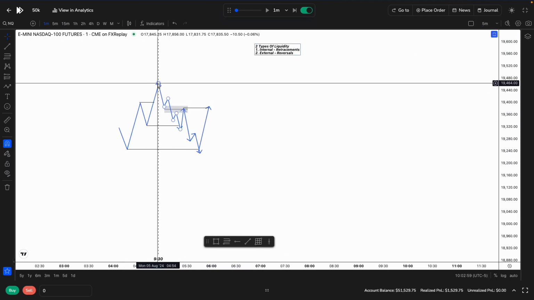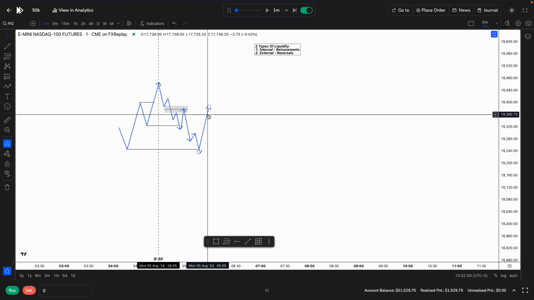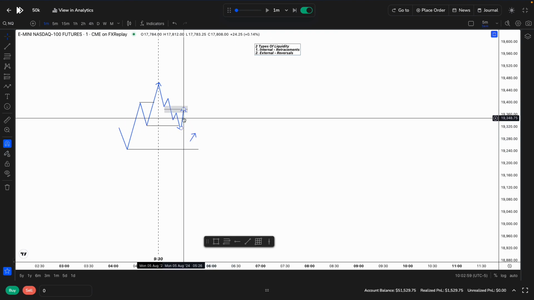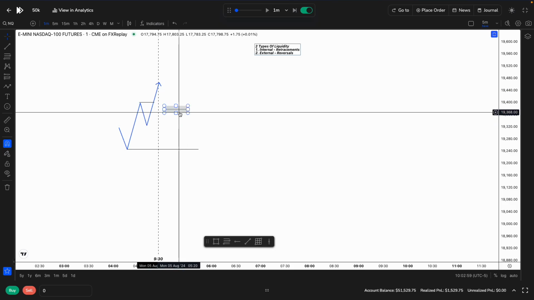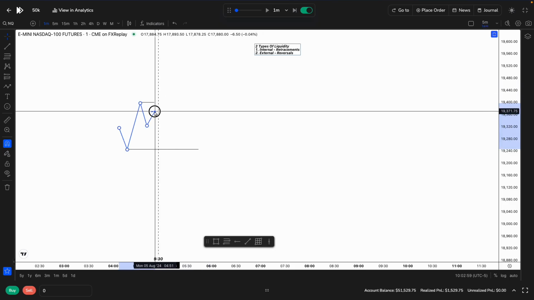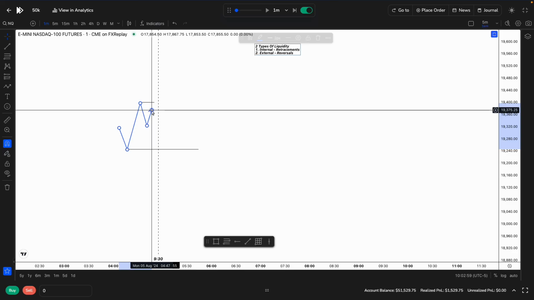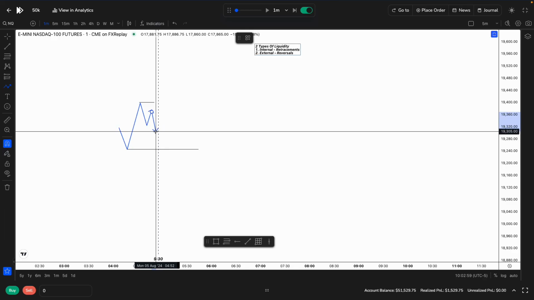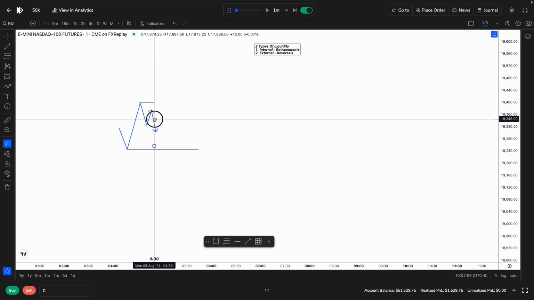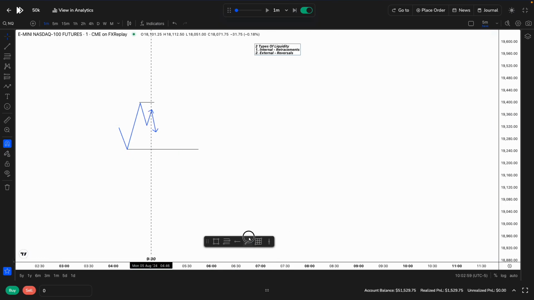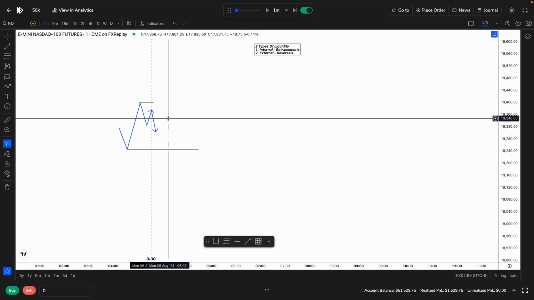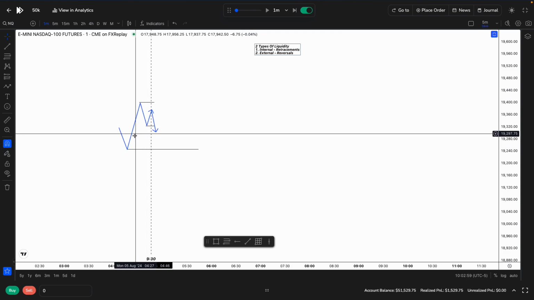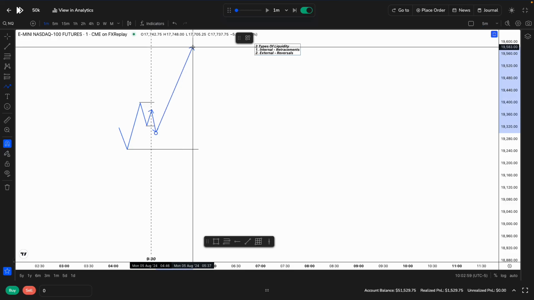However, if this was the opposite, this was like this, if 9:30 opened up, take out this low, not external, internal low, because you're within this external range, would we then see a full reversal?